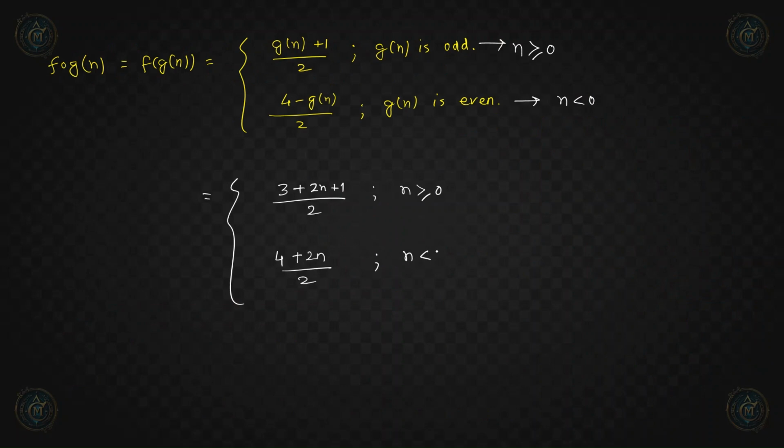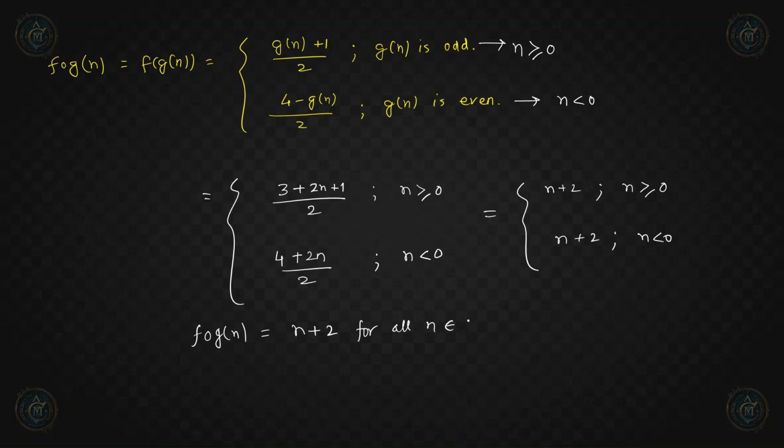If we calculate, 2n plus 4 divided by 2 in both the cases, it is n plus 2 for n greater than or equal to 0, and also n plus 2 for n less than 0. That means f of g of n is n plus 2 for all n belonging to the set of integers. This is the definition of f of g of n.